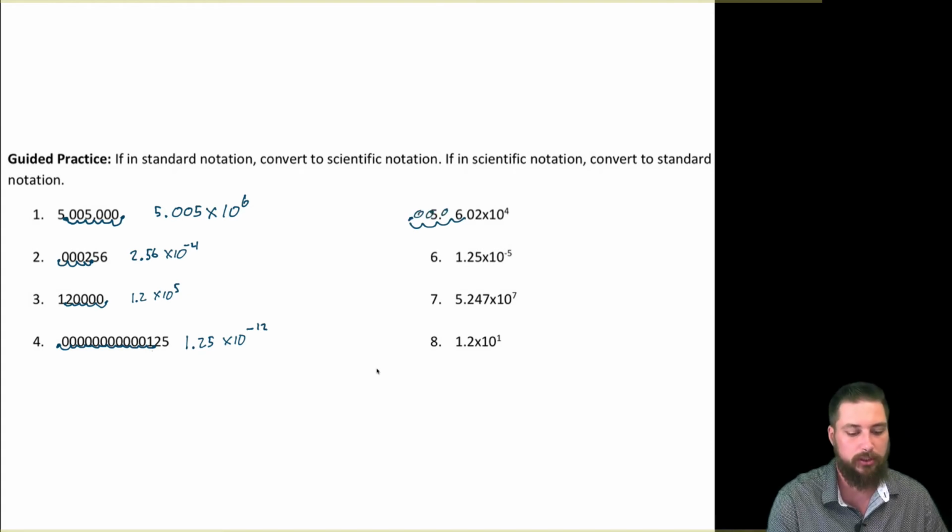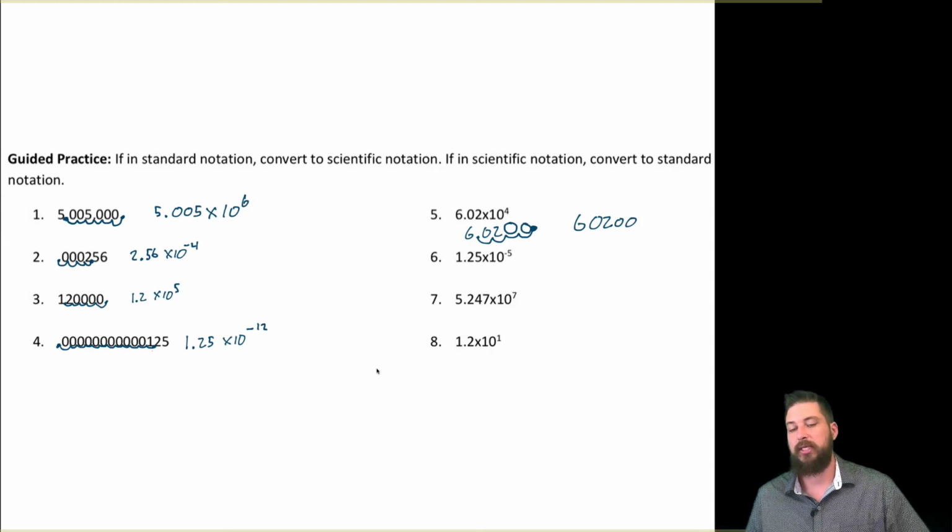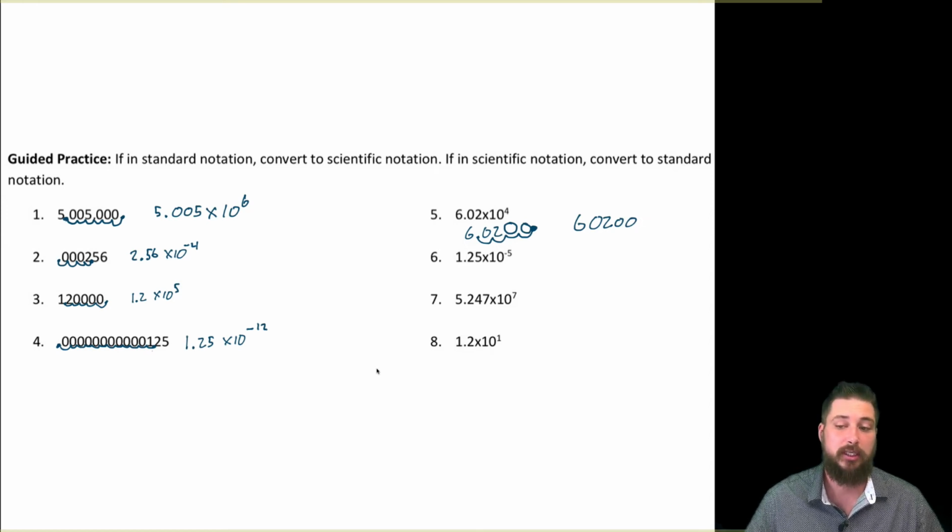It wouldn't. And so to get a large number, what you need to do is take that decimal point and move it to the right. 1, 2, 3, 4. Now these empty spaces here, what we do is we add zeros. And so our final answer is going to be 60200. So notice how even though it's times 10 to the 4, it doesn't mean that we have 4 zeros at the end. What it means is we moved it 4 times. So this is our answer.